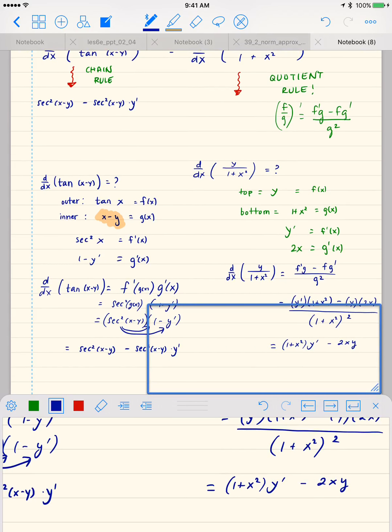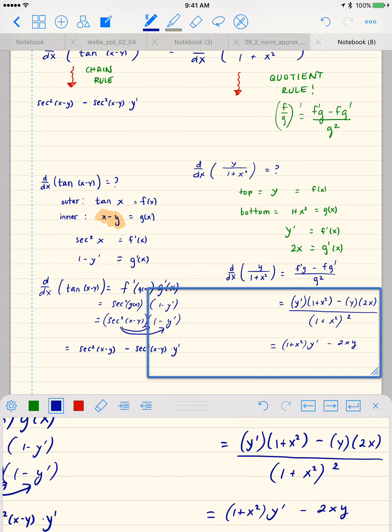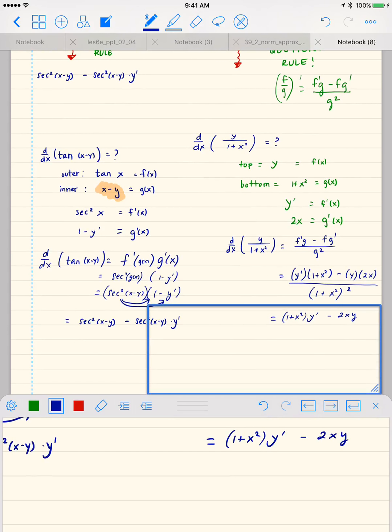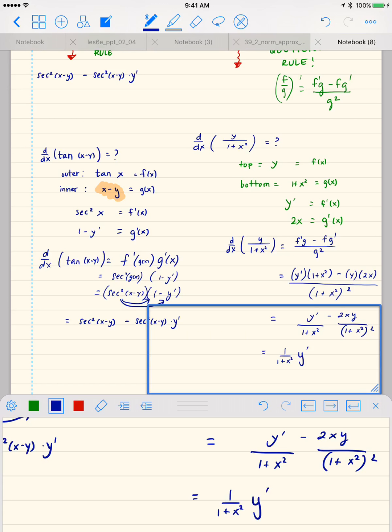But I'm actually going to simplify this to be y prime over 1 plus x squared divided by 2xy over 1 plus x squared, quantity squared, right? So I can write this as 1 over 1 plus x squared times y prime minus 2xy over 1 plus x squared, quantity squared.